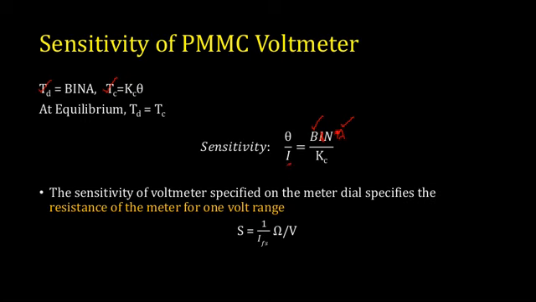Now assuming that your flux density and area of cross section remain the same, you can increase your sensitivity by increasing the number of turns. Once you're increasing the number of turns without changing the area, you'll have an increase in the resistance. So the resistance of your particular meter increases as the length increases.